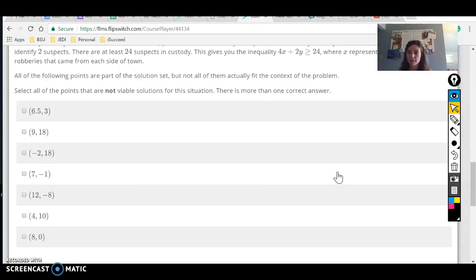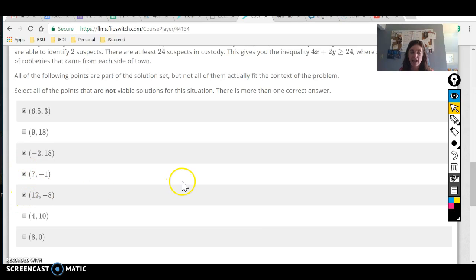So keep in mind, we are talking about people here. We're talking about numbers of people. All right. So the points that really would not make sense are something like this, where we've got 6.5, which is half a person, or -2, or -1, or -8.